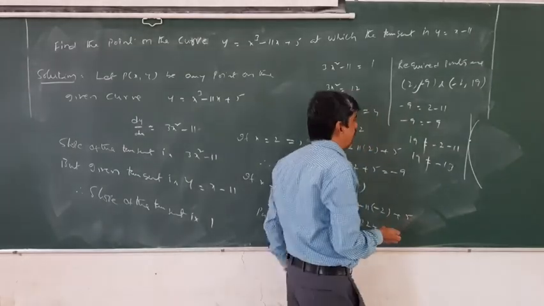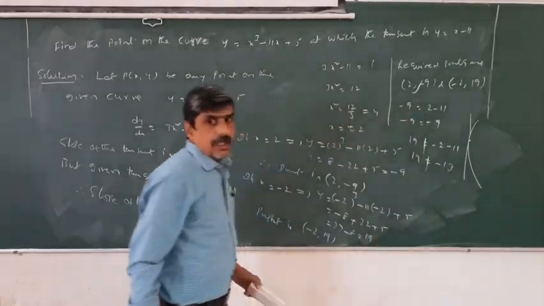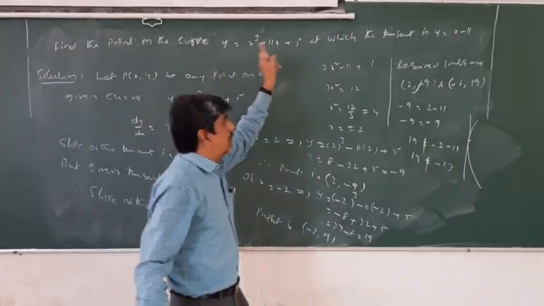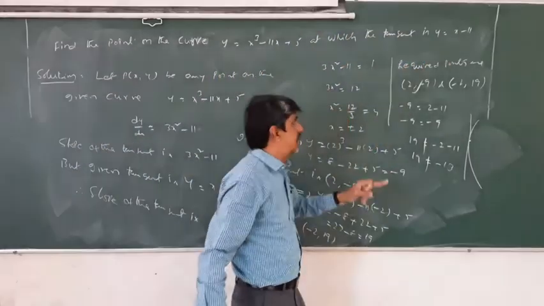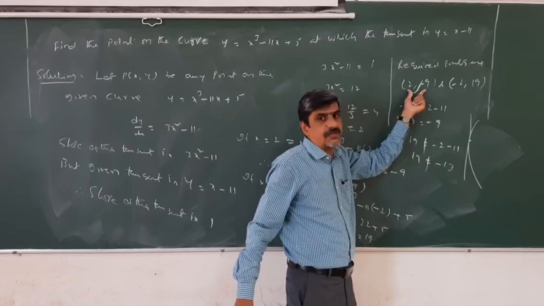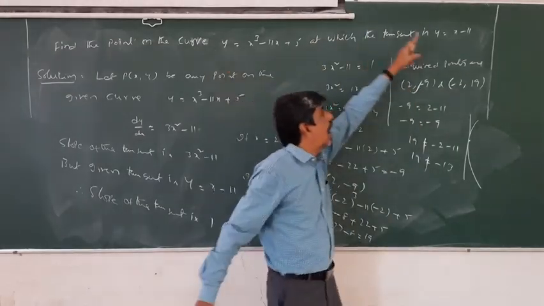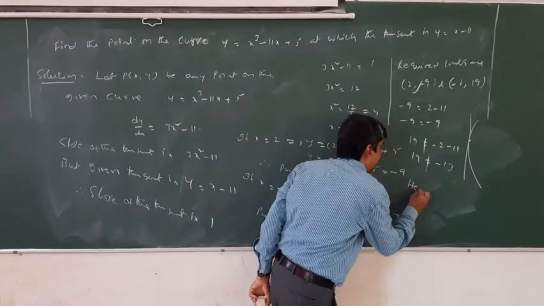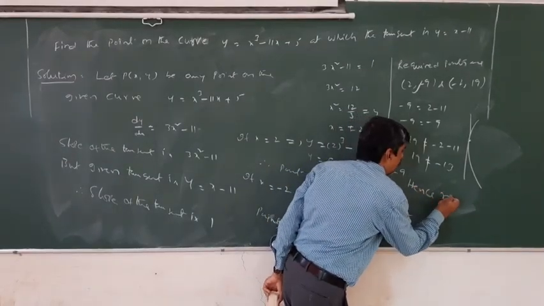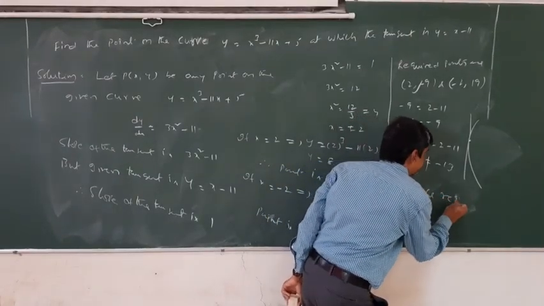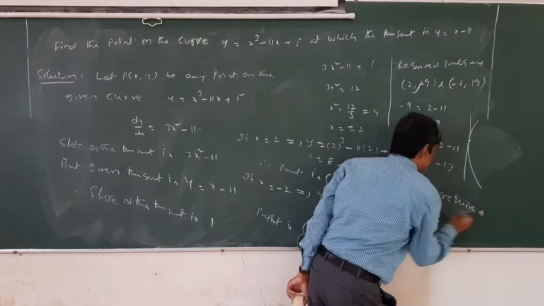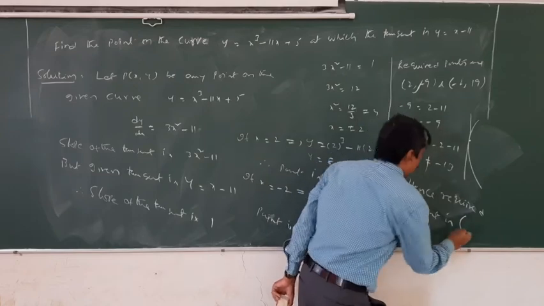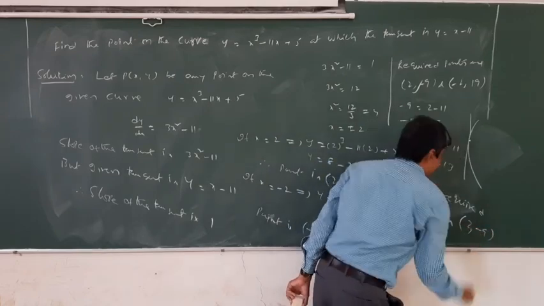So here we want to find the point on the curve at which the tangent is this line, which means only one point satisfies both the curve and the tangent. Hence the required point is (2, minus 9).